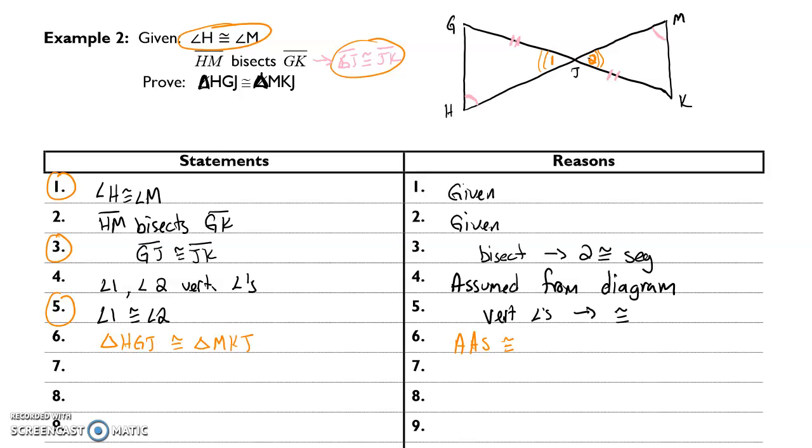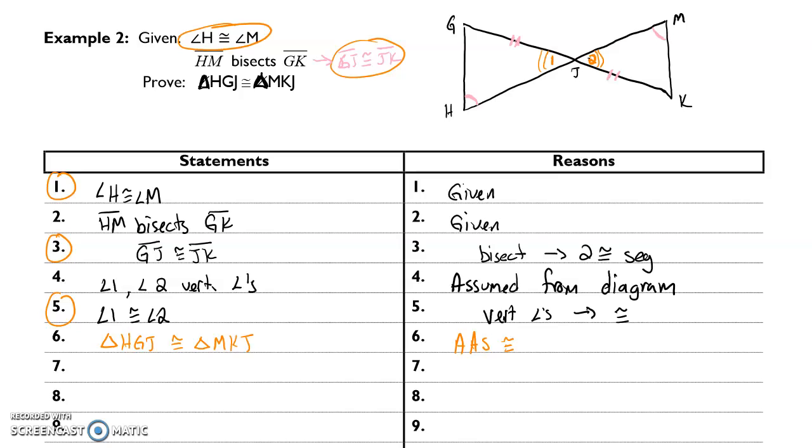All right, so the angles are congruent given. My bisect statement is given. The conclusion from the bisect statement was that segment GJ was congruent to segment JK. The reason is the bisect implies two congruent segments. I state that my angles are vertical angles. I cannot use angle 1 and 2 if I have not labeled them in my diagram. Because I've labeled them, I can use it. Now my angles are congruent.